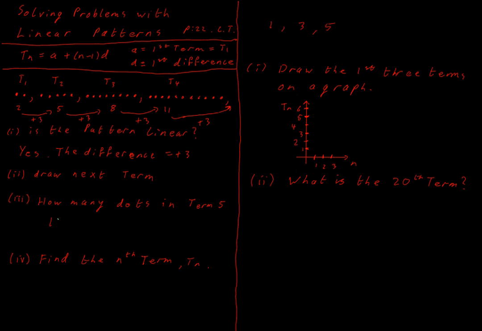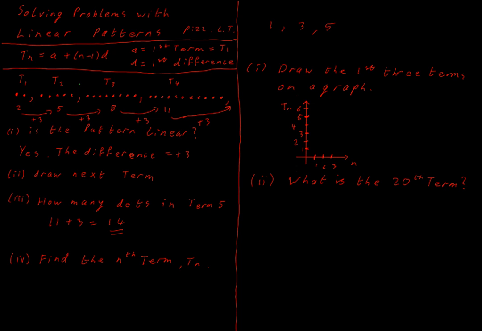So I'd have 11 plus 3 equals 14. So there'd be 14 dots in my 5th term. And if I wanted to find higher ones, I could just keep adding them. But now we're going to come to our formula. And this is a formula that's going to give us the number of dots for any term.